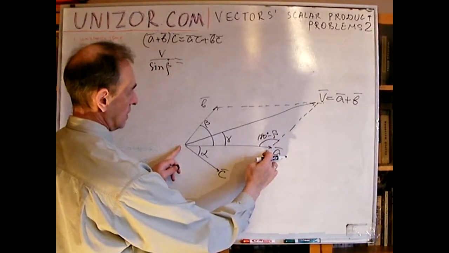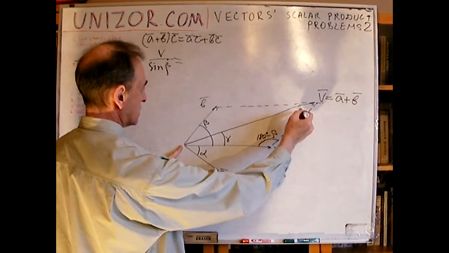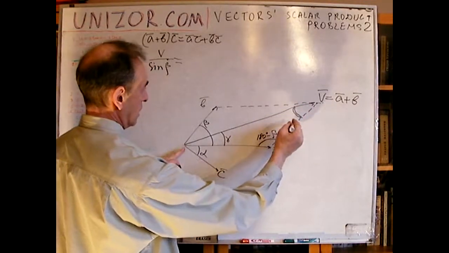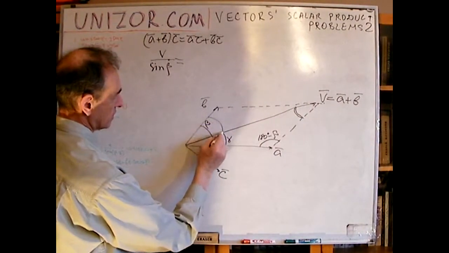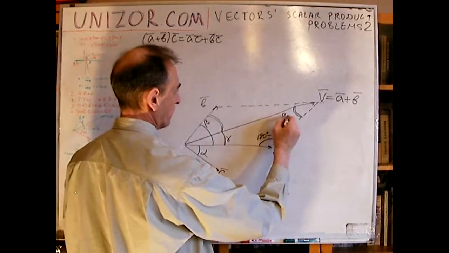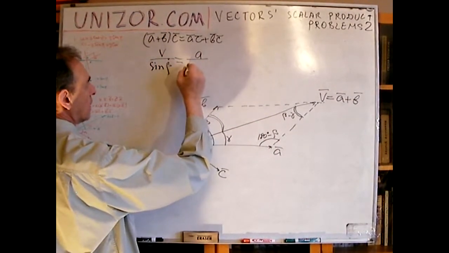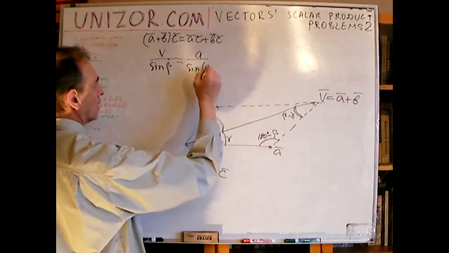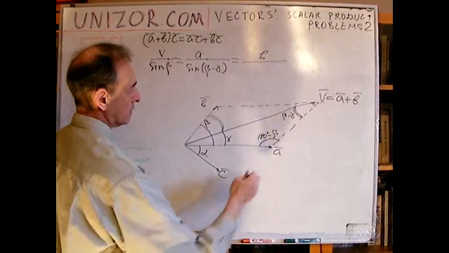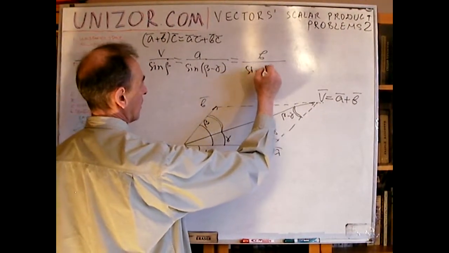now this is A, and this angle is equal to this angle, which is equal to beta minus gamma, right? So it's equal to A divided by sine of beta minus gamma, and equals B divided by, now this is B and this is gamma, so this is sine of gamma.